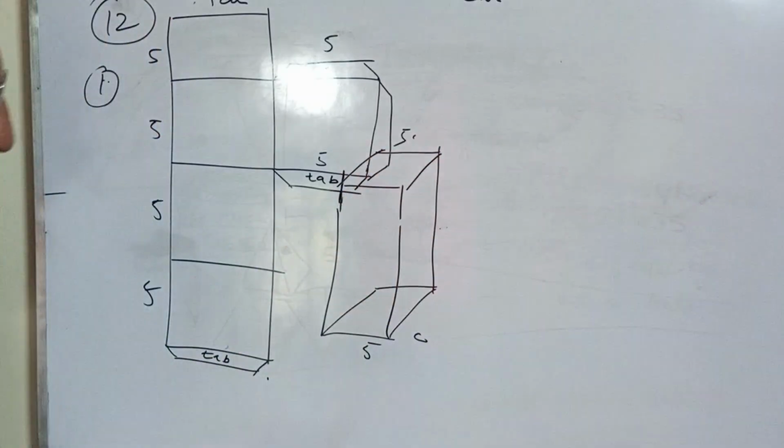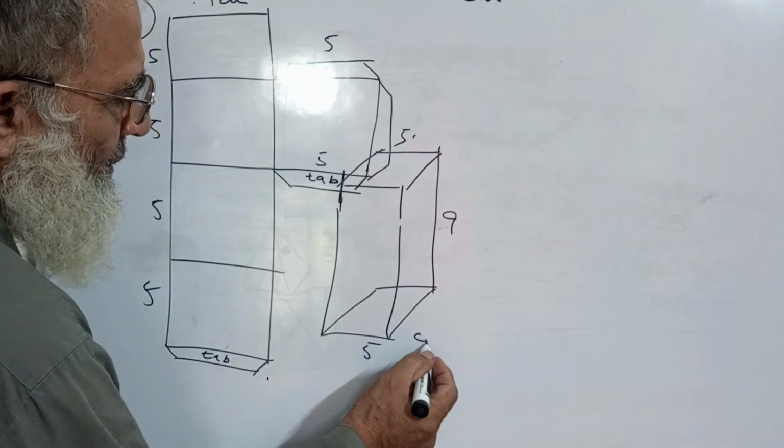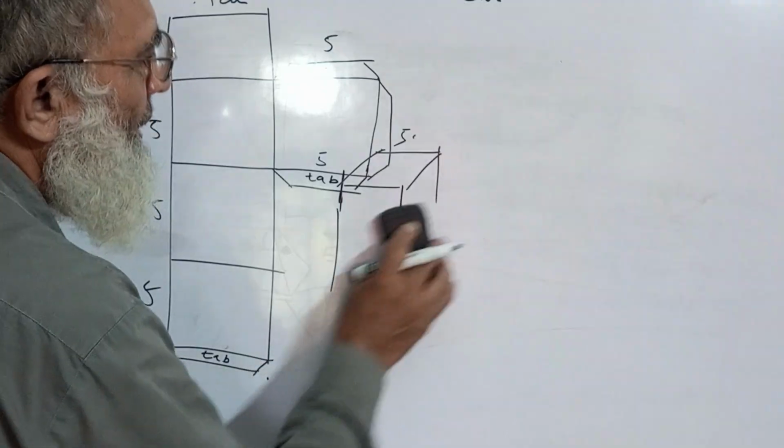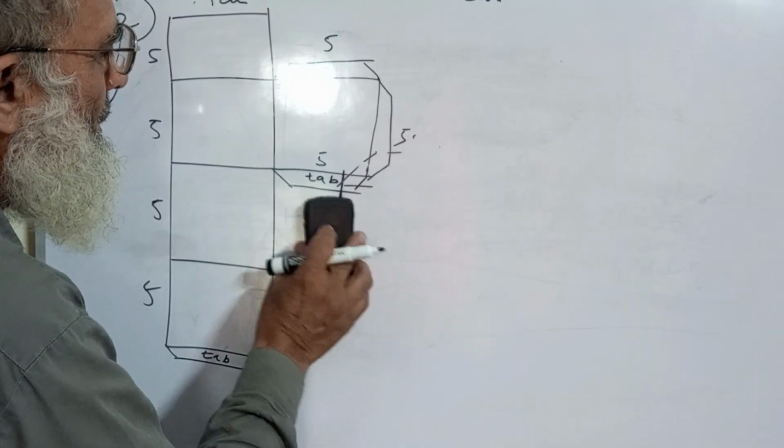Okay, this is like this. This is 9. Understood? This is also 5. Okay, now let me solve this.